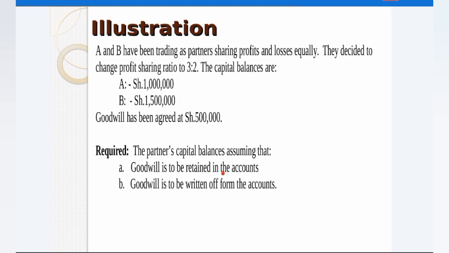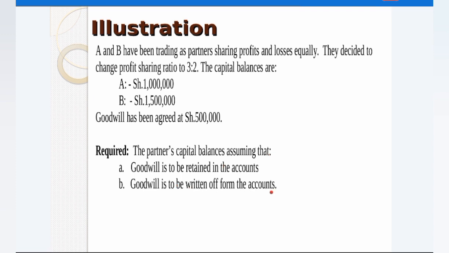So what is required? Required, number A, the partners' capital accounts if goodwill is to be retained in the accounts, and number B, the partners' capital accounts if goodwill is to be written off.